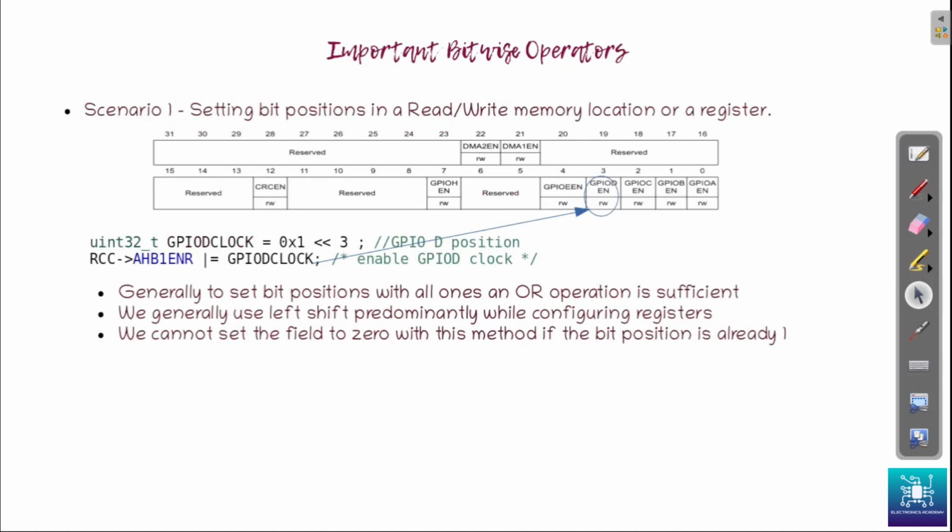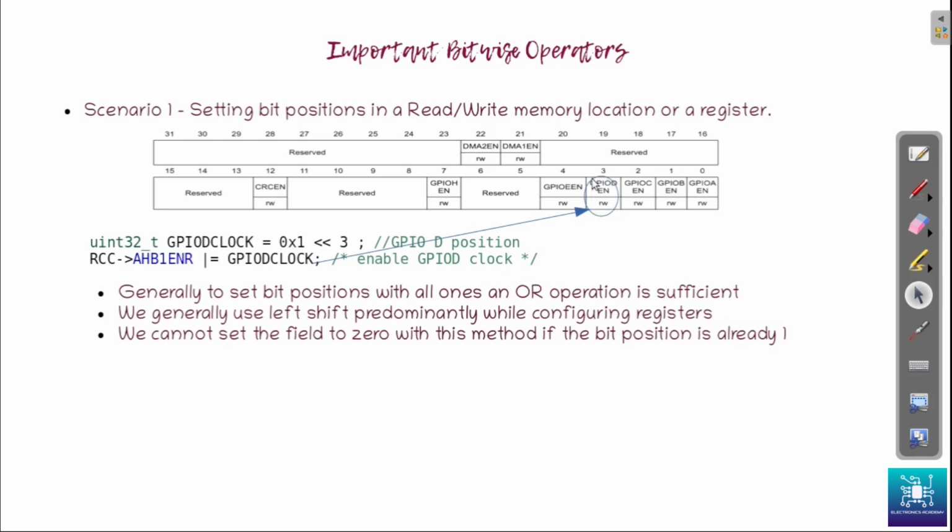So let's say we are setting bit positions in a read write memory location or a register. So this is a general purpose IO GPIO register, and we need to set the bit in location 3 here.